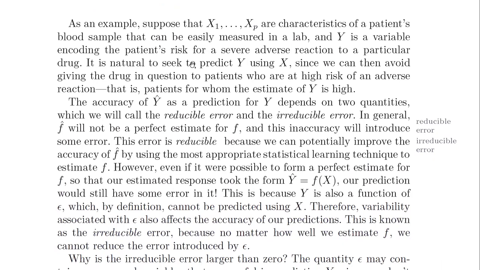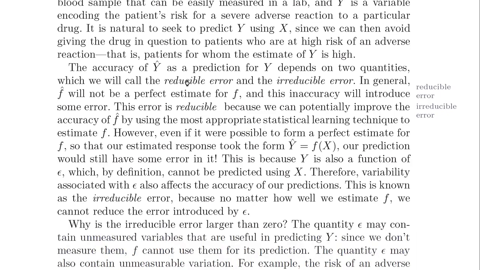As an example, suppose that x1 until xp are, and we're using the same word over here, characteristics of a patient's blood sample that can be easily measured in a lab, and y is a variable encoding the patient's risk. So that might be a percentage, a likelihood, the patient's risk for a severe adverse reaction to a particular drug.